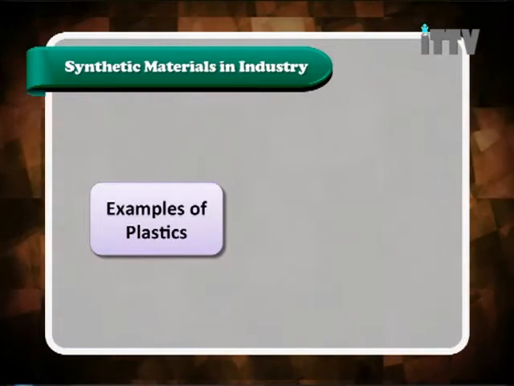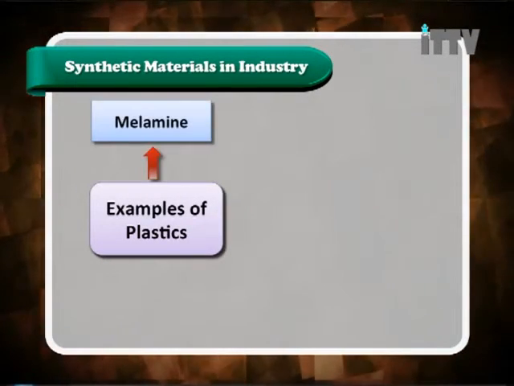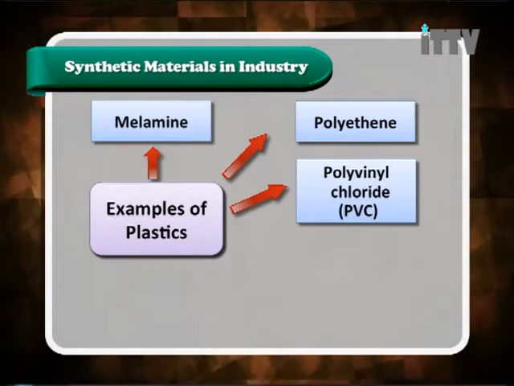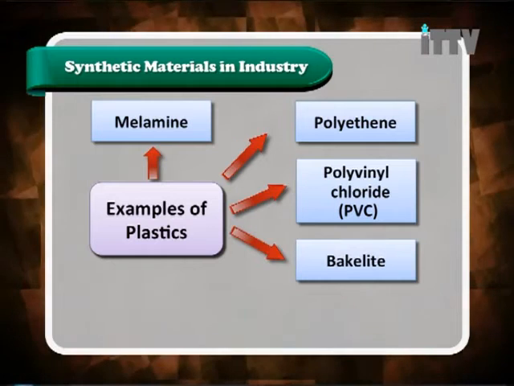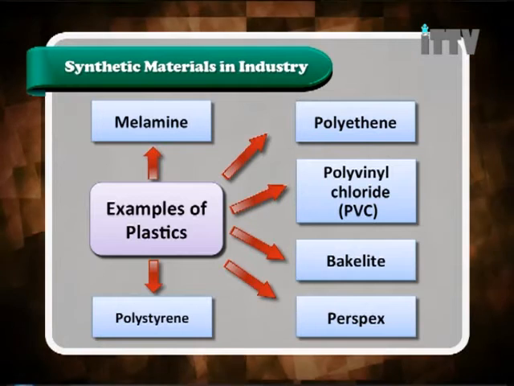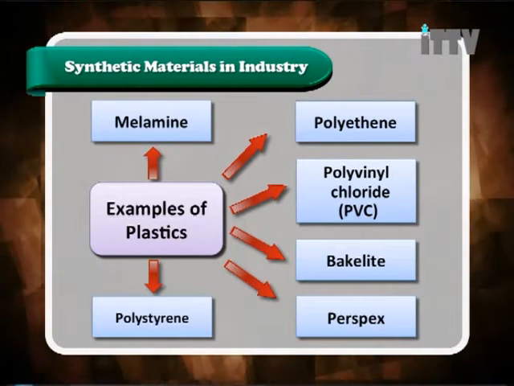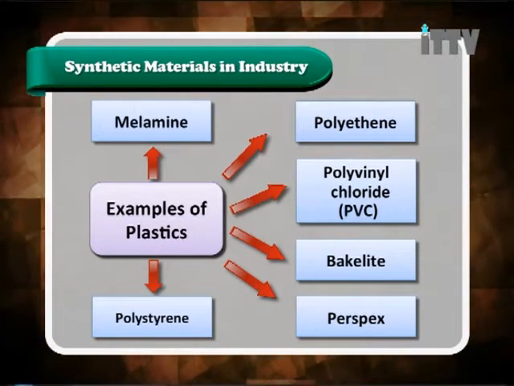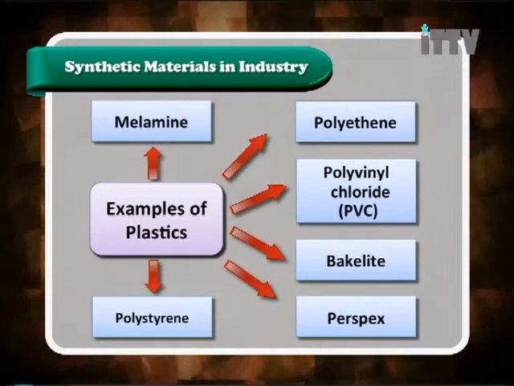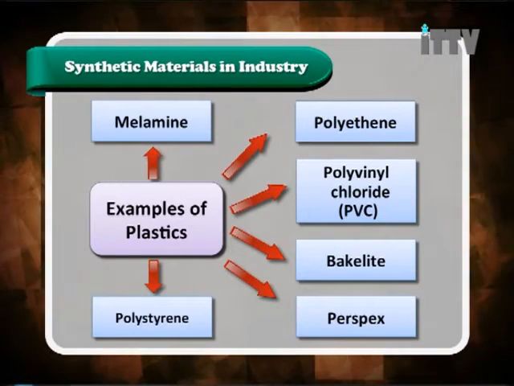Now let's look at some of the examples of plastic. Examples of plastics are melamine, polyethylene, polyvinyl chloride (PVC), bakelite, perspex, and polystyrene. Plastics are used to make various products such as plastic bags, bottles, window frames, packaging materials, switches, and plates.